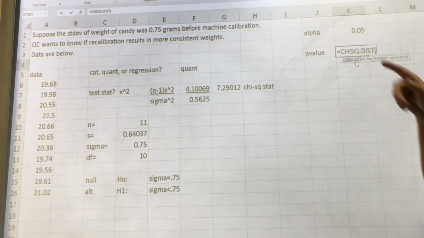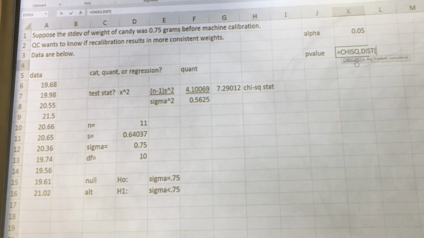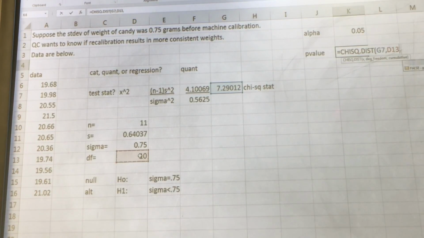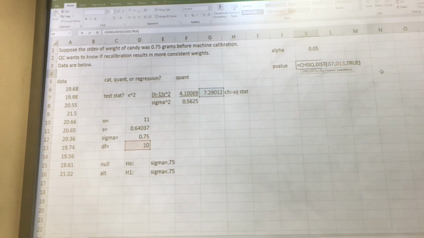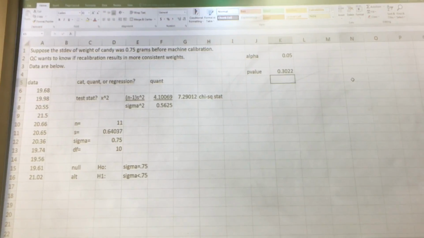That's the one I want. Okay? What do I put in here for x? 7.29. The degrees of freedom? 10. Do I want cumulative? Yes. Usually going to want cumulative on these. The binomial is the exception. Sometimes I don't on that one. Okay, so the p-value works out to be 0.30.